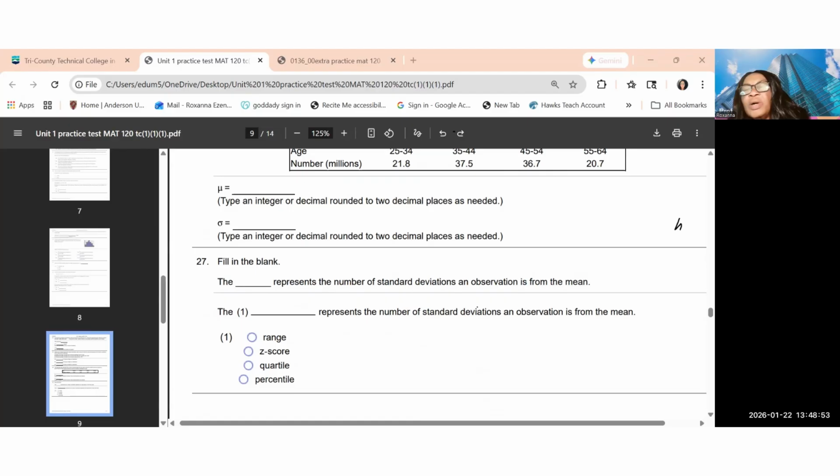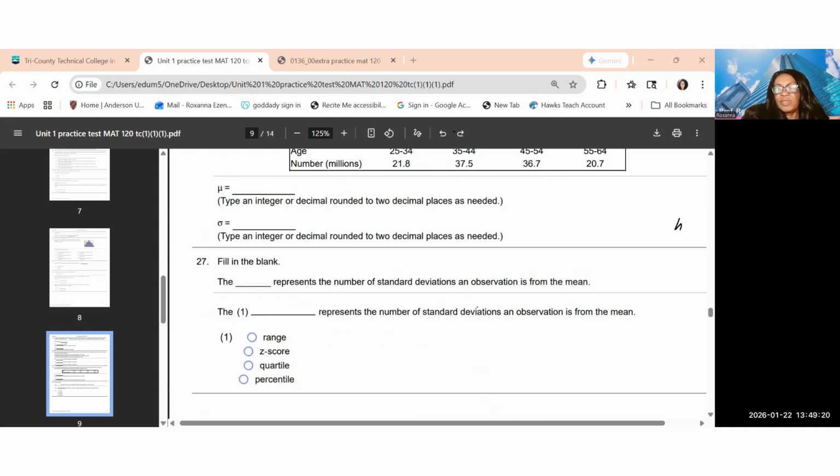All right, so the total number of people is 116.7. So 116.7 is the total frequency. Let me write it here: total frequency, 116.7.